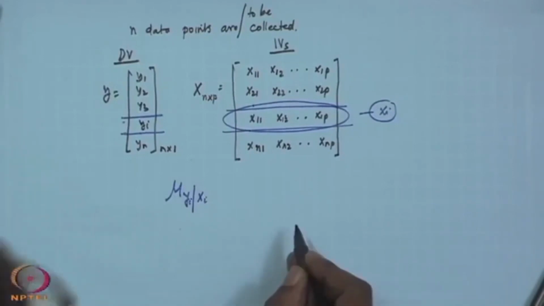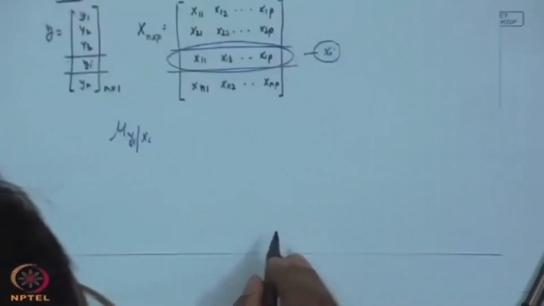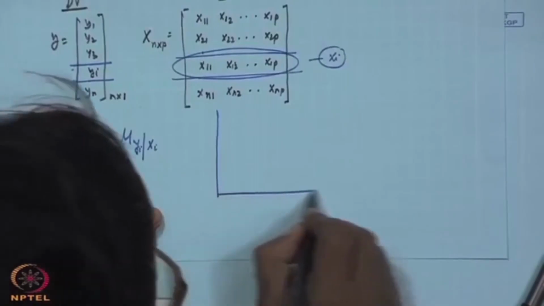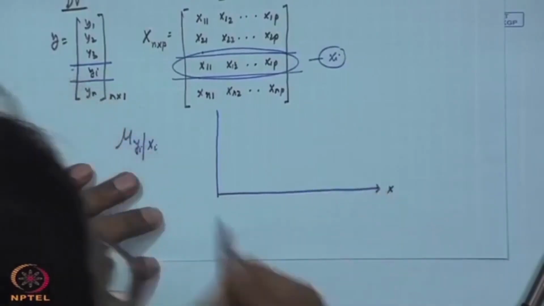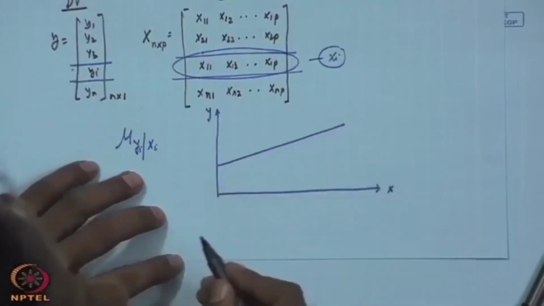Okay. Why so? If we assume a little bit, this is because you just assume that there is one x and one y, and you are fitting a linear line.